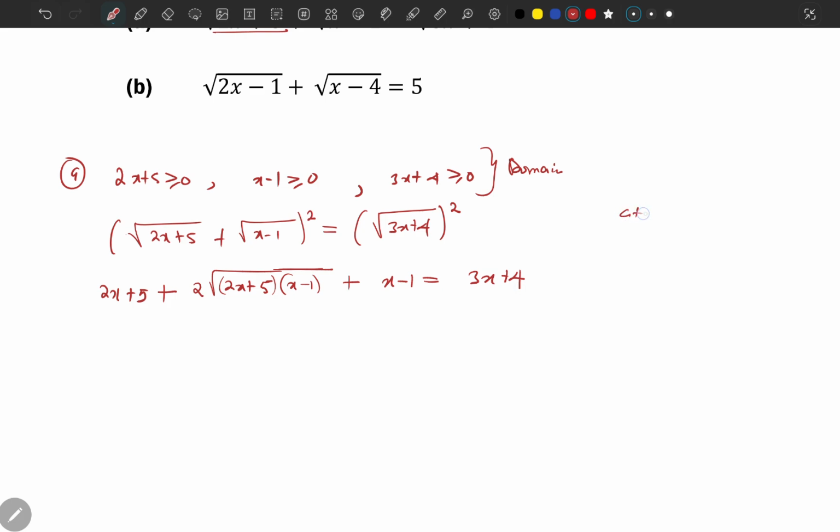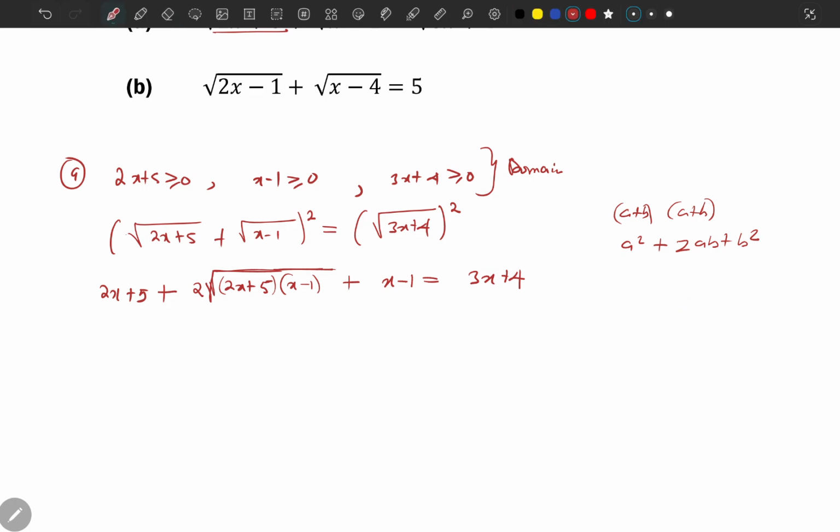Remember, if I've got a plus b and a plus b, this is a squared, then ab, another ab, so 2ab, plus b squared. The root is common, so I just factorize the root in. Remember, root a times root b is the same as root of a times b, because the root is common. That's what I just did there.